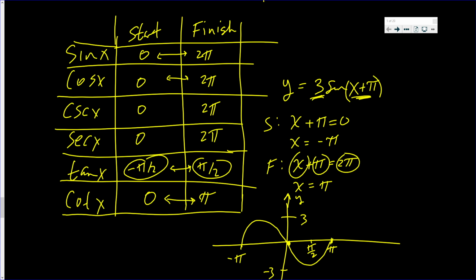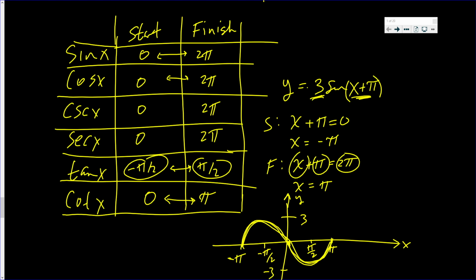In between 0 and negative pi is negative pi over 2. There is your perfect graph. And like always, the graph is what I draw first. Okay, get the graph right and plug in their information.